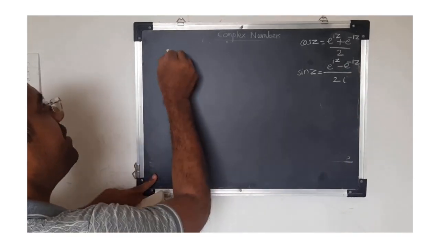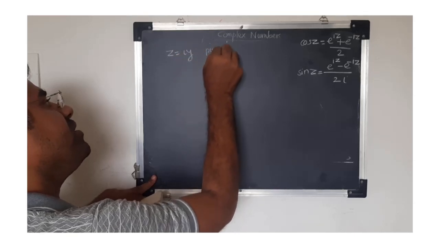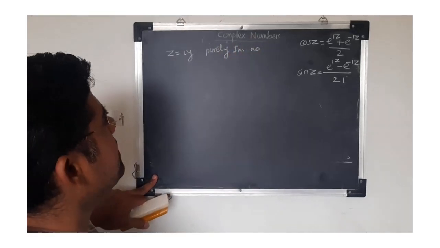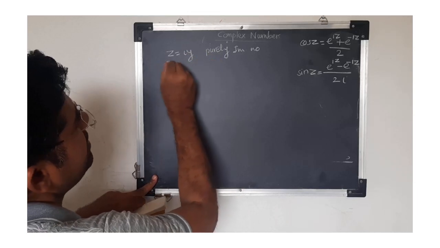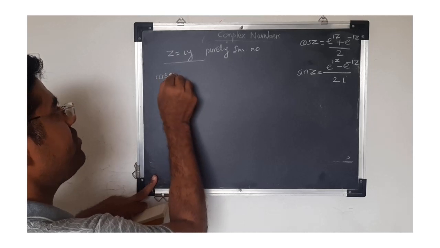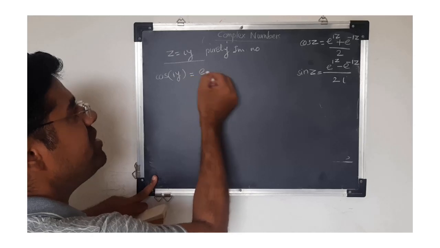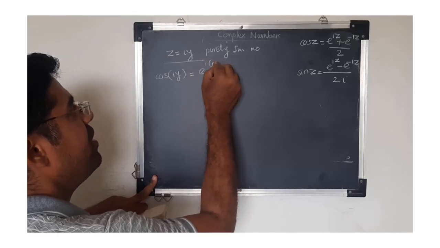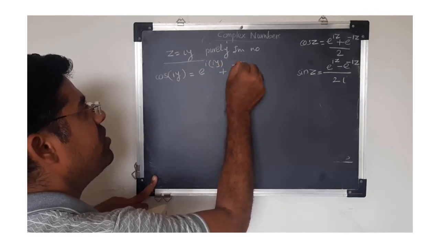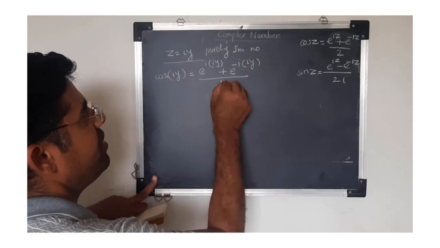Now suppose we take the given complex number z equal to iy. This is a purely imaginary number, so x is equal to 0; the real part we have considered 0. So z is equal to iy. What will we get? Cos of iy is nothing but e raised to i times iy plus e raised to minus i times iy, divided by 2.